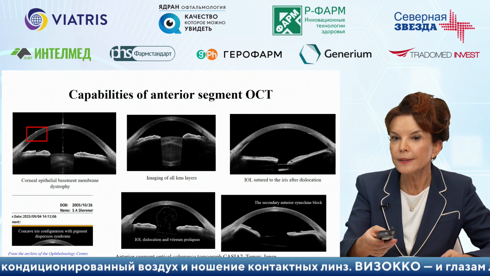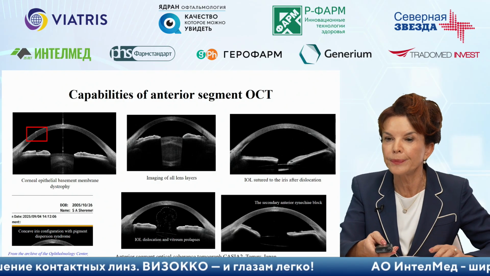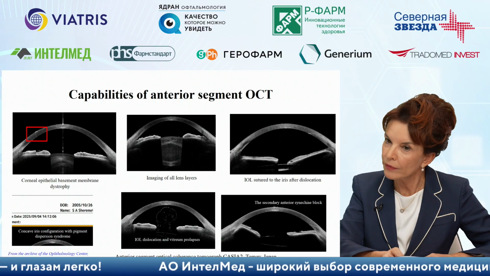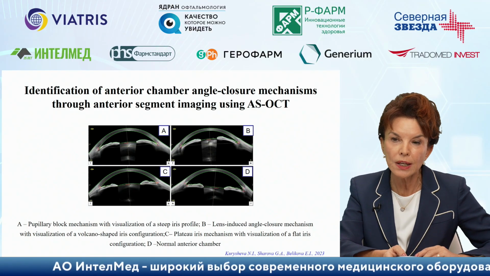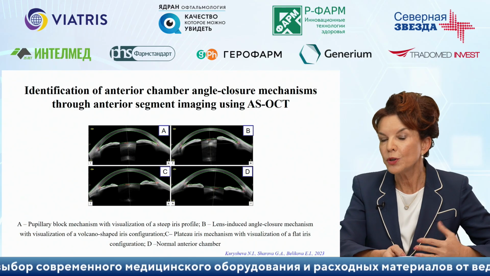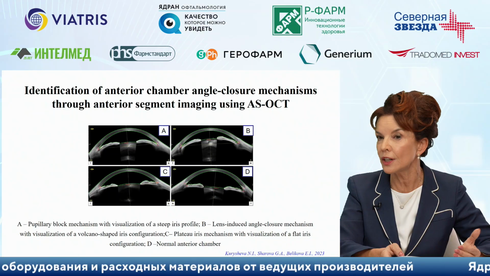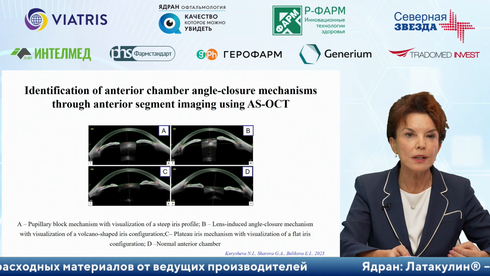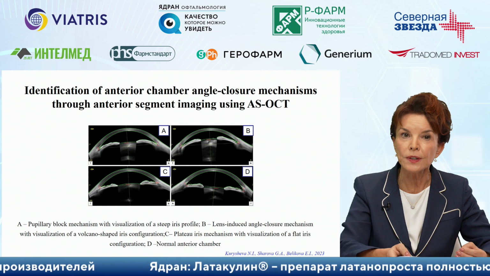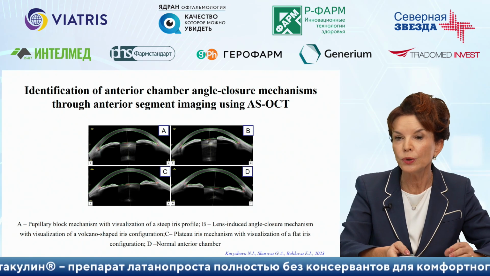And of course, this is a very progressive method, and it's difficult to overestimate the capabilities of this equipment for AS-OCT because the mechanisms of angle closure can be different. It's not just the pupil block, it can be the lens mechanism or related to iris or ciliary body dysfunction.